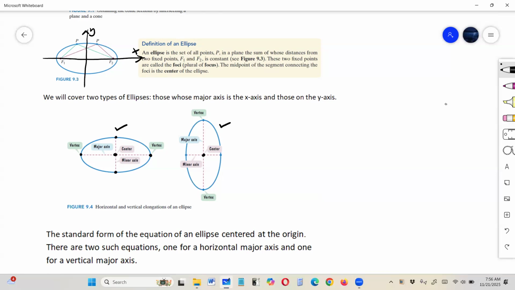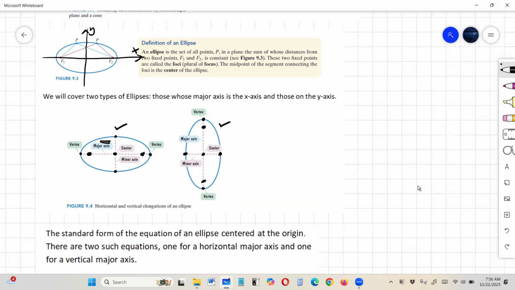For the one sitting on the y-axis, here are the two vertices and here are the two other points. Now, the foci are always on the major axis. So if the ellipse is sitting on the x-axis, then the foci are here. If the ellipse is sitting on the y-axis, then the foci are there. Okay, so two types of ellipses.